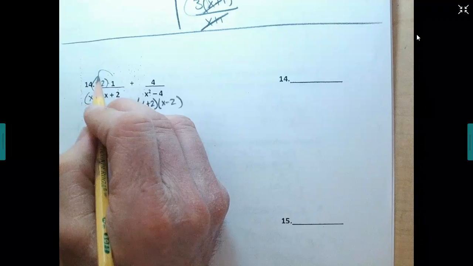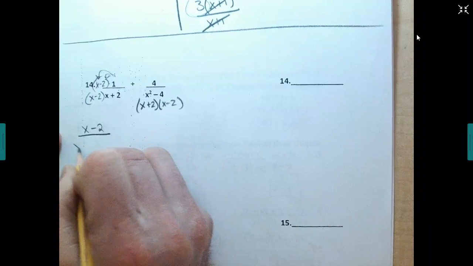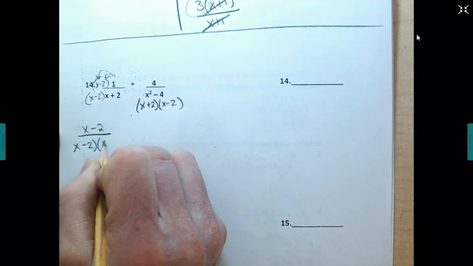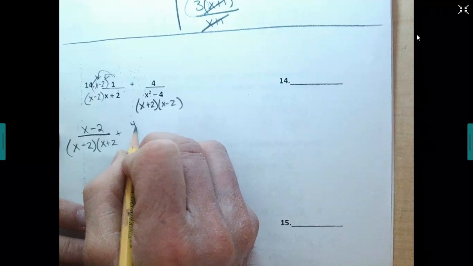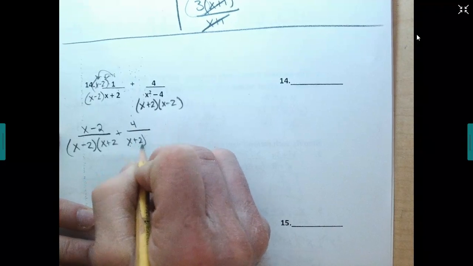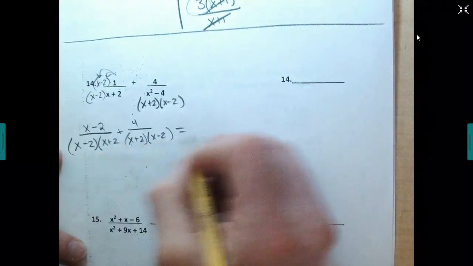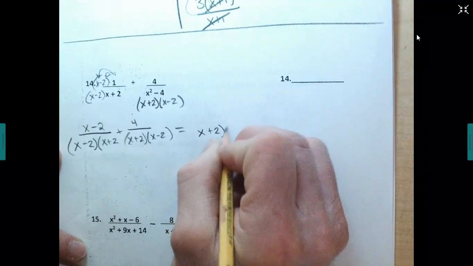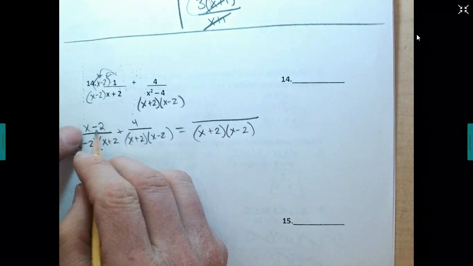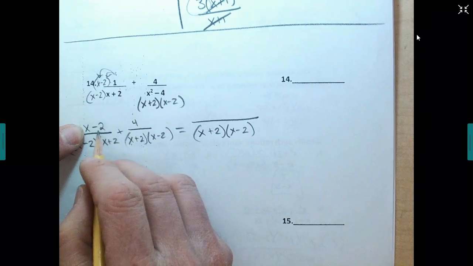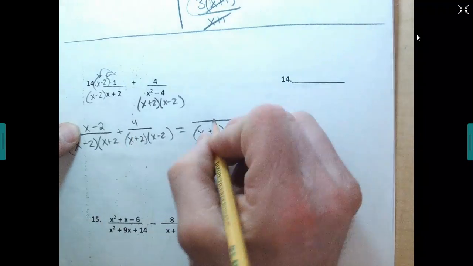So I have 1 times x, 1 times negative 2, so I have x minus 2 over x minus 2, x plus 2, plus 4 over x plus 2, x minus 2. Okay. Common denominator, x plus 2, x minus 2. And then on top, I have x minus 2 plus 4, a negative 2 and a positive 4 would give me x plus 2.